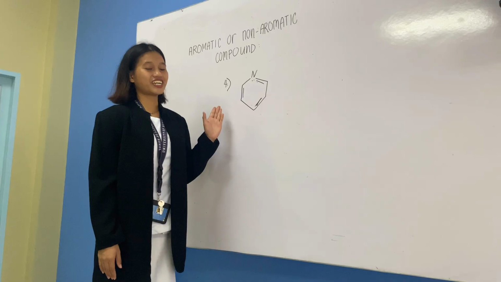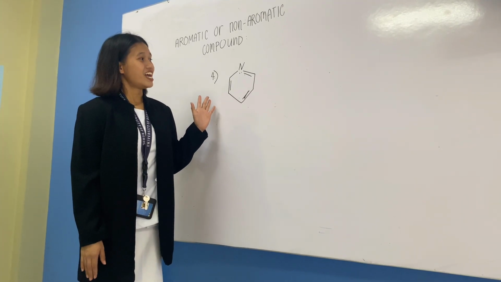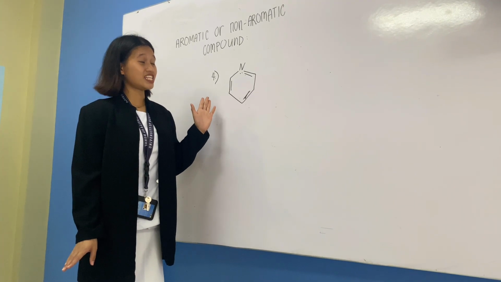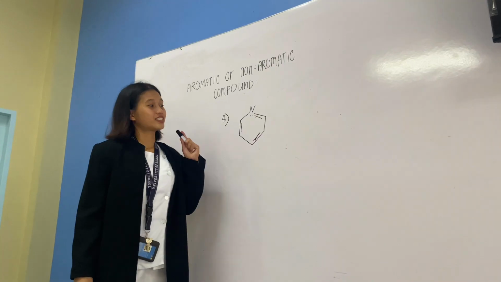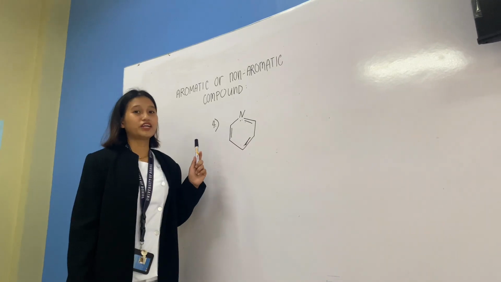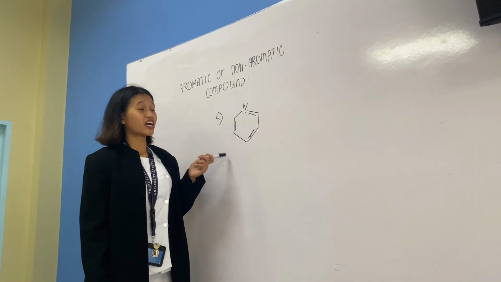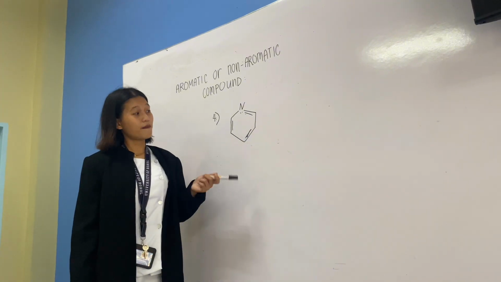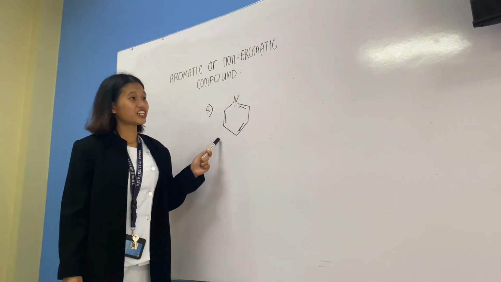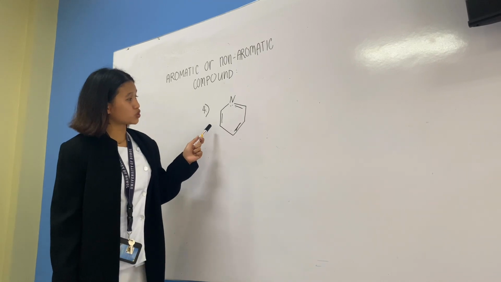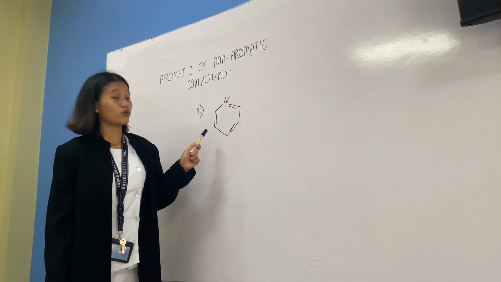The second criterion, it has to be conjugated, since the compound contains a double bond, single bond, and lone pair. The third criterion, it has to be planar. If we take a look, all the carbons participating in the cycle here are sp2 hybridized, which means they are planar.